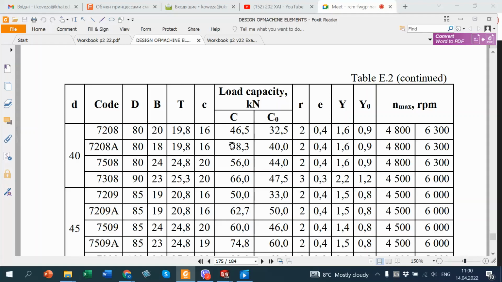We need 49, but if you calculate for radial bearing, you'll have this load less than 49 because exponent will be 3,33. I showed you.